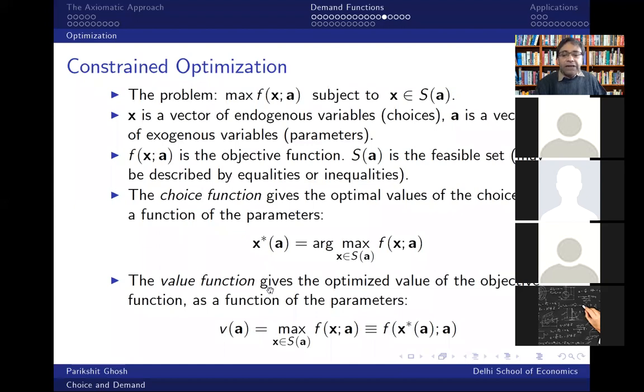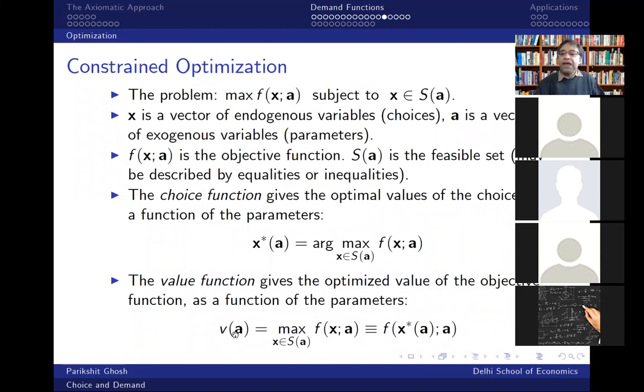Now, the value function, what is the value function? The value function is the optimized value of the objective function. Once we have found the optimal values of x and plug that into the function, and we have pushed the function to the maximum that it will go, that is what the value function is. Again, the value function is the optimized value of the function as a function of the parameters of the problem, right?